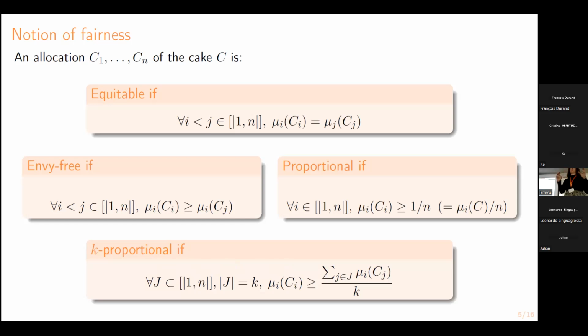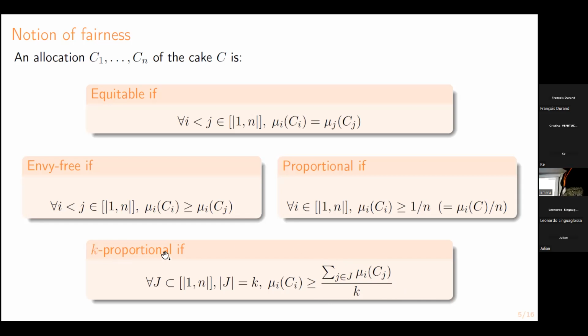And this is true for every set of agents k. So when k is equal to n, this is equivalent to proportionality: for the whole set of agents, the utility I assign is greater than the average utility.